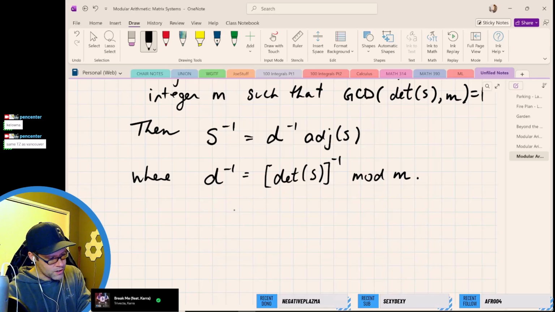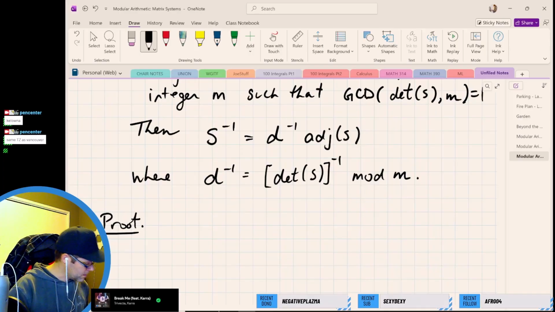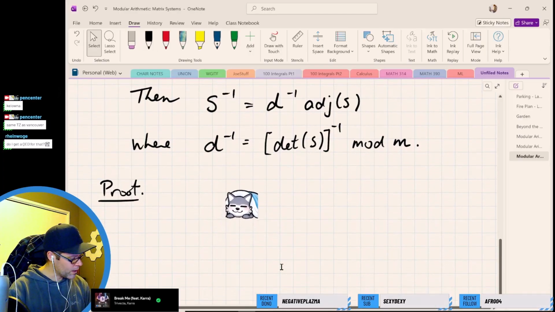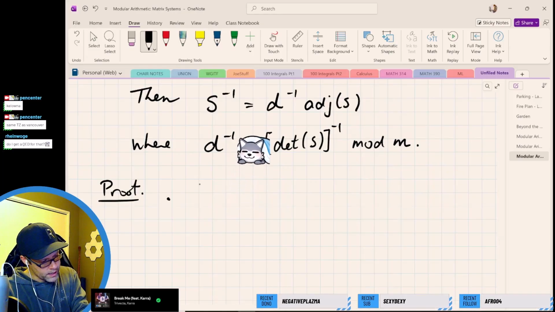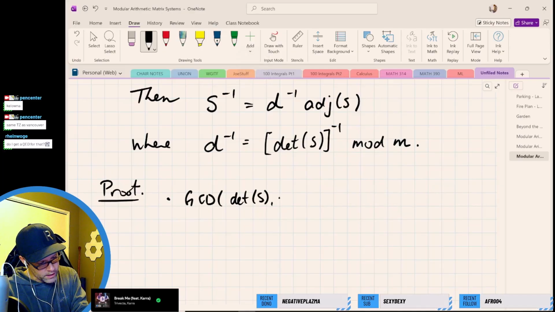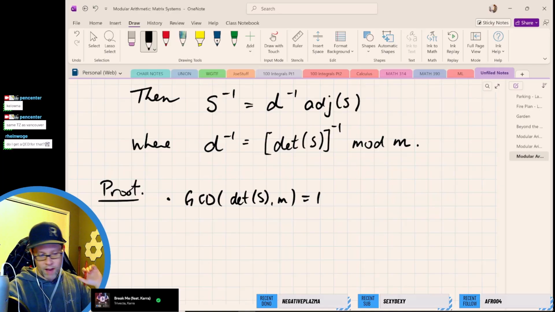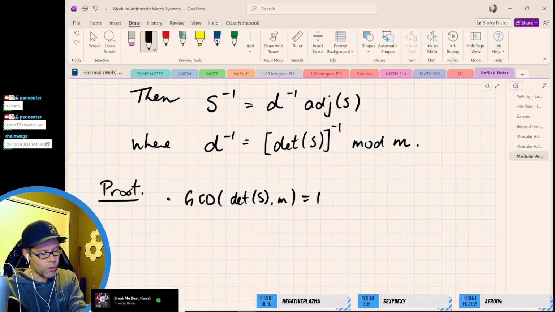Okay, I am going to just go through the proof of this one relatively quickly. I don't want to spend a lot of time here. But a couple important points, right? So this idea that the GCD of the determinant of S and M being equal to 1, exactly like Ryan said, guarantees not only that it's invertible, but that we have a unique element that's going to do the work for us.